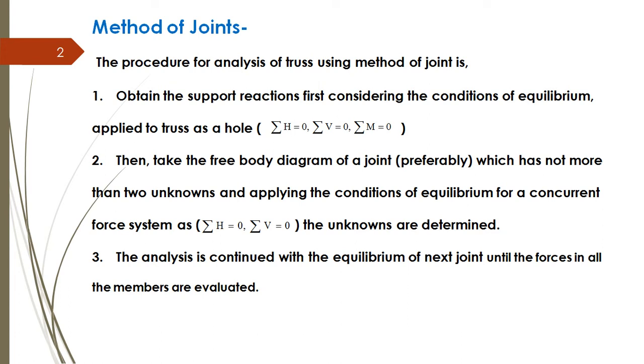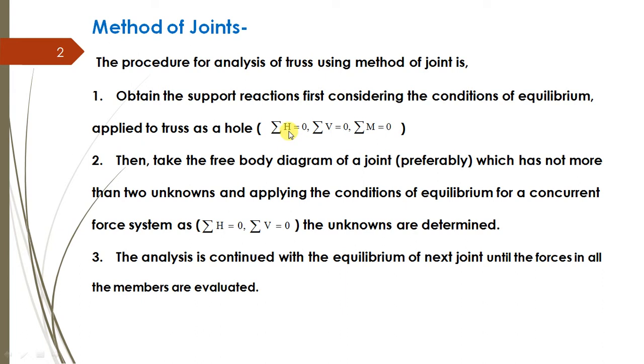In that case, first consider the equilibrium of whole truss. When we consider the equilibrium of whole truss, at that time you have to apply the condition of equilibrium, that is summation of Fx is equal to 0. The H indicates the horizontal forces.